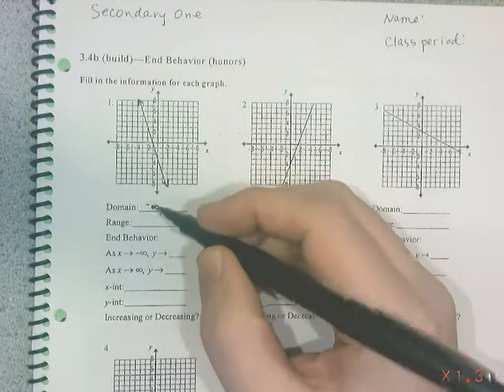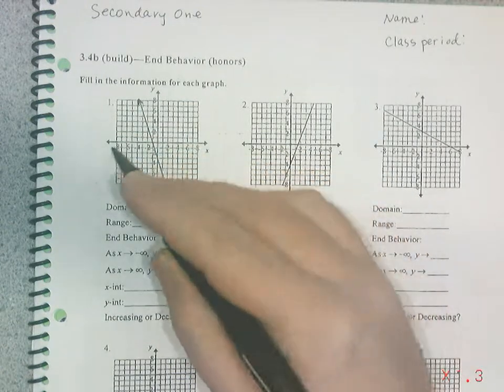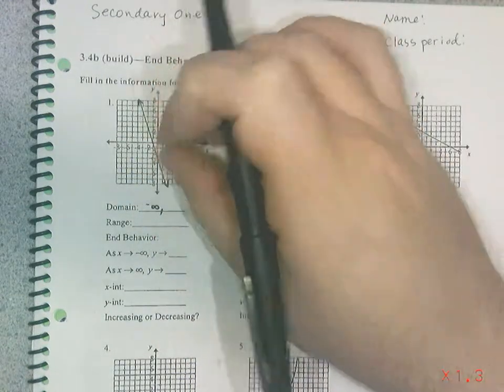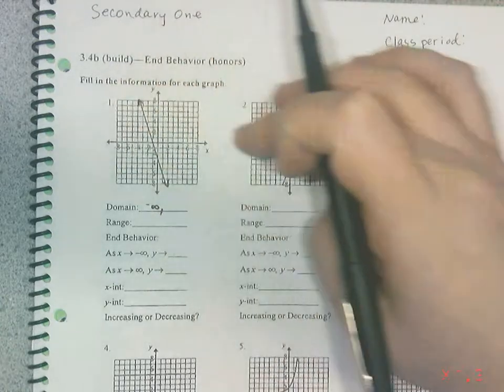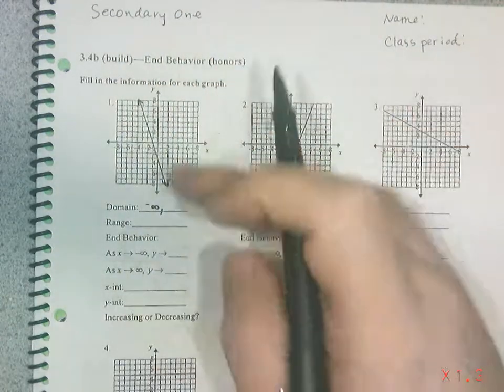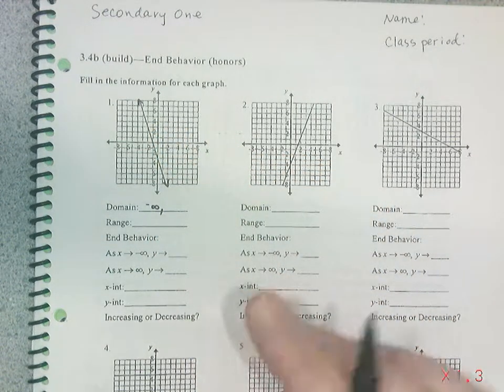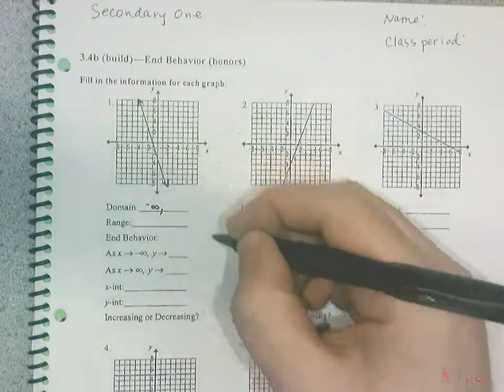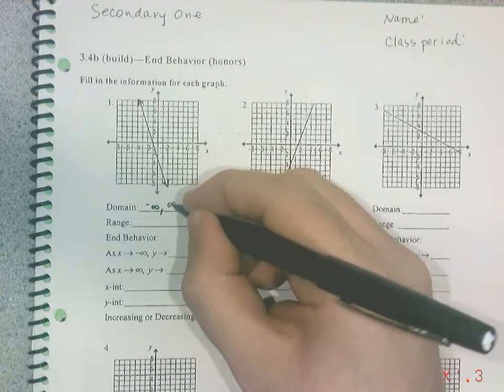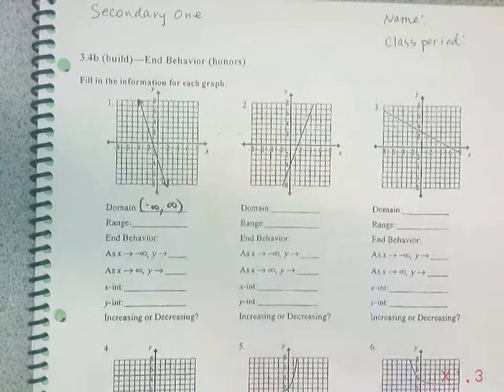And then the greatest x value, if you squish it down to the x-axis, is going to the right forever, so it's going to positive infinity. Okay, so there's our domain.